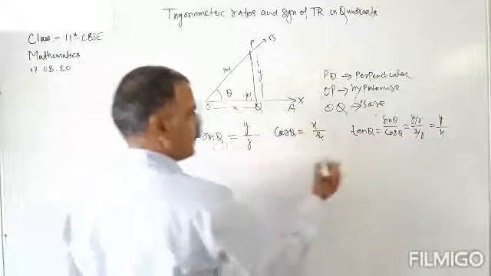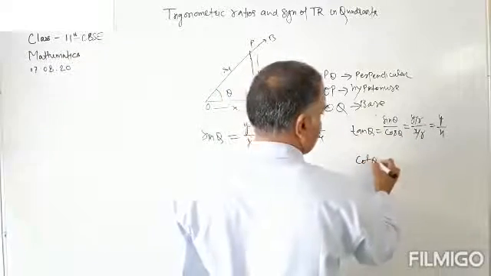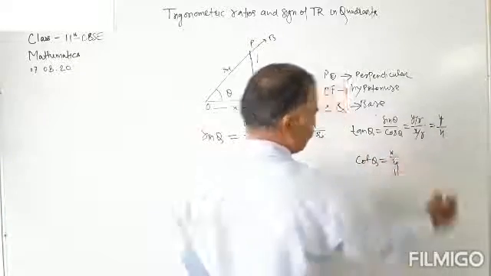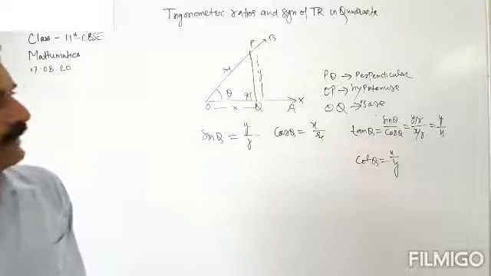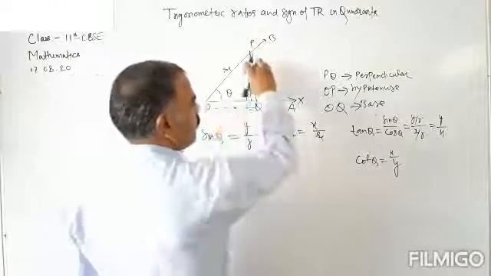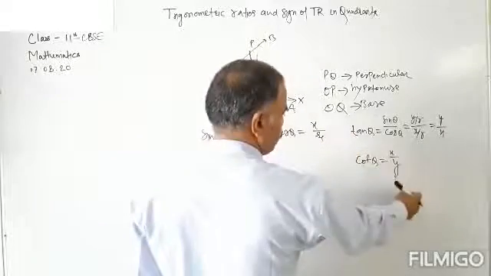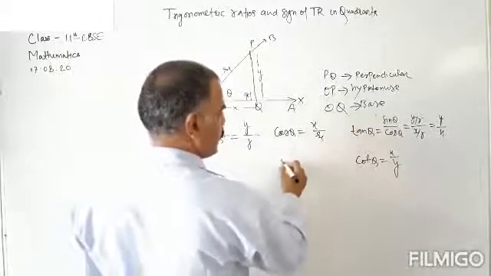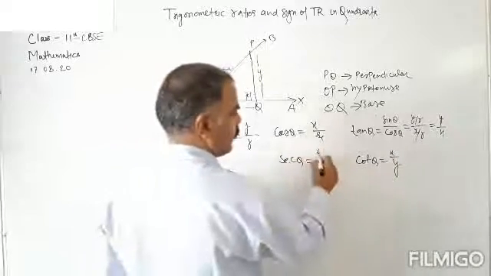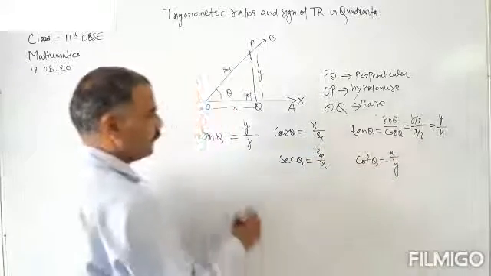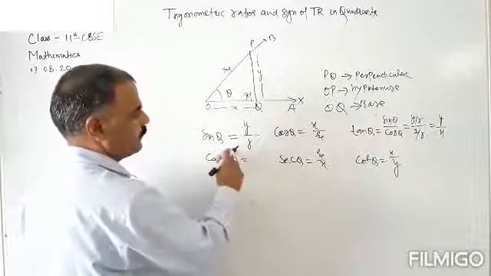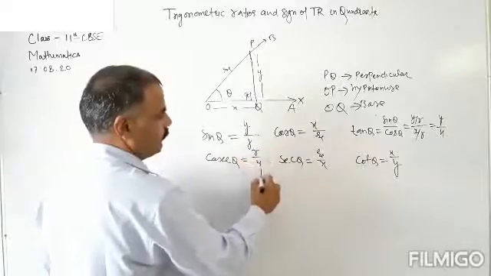Cot theta is the reciprocal of tan theta, that is X upon Y, base upon perpendicular. Sec theta is the reciprocal of cos theta, that is R upon X, and cosec theta is the reciprocal of sin theta, that is R upon Y.